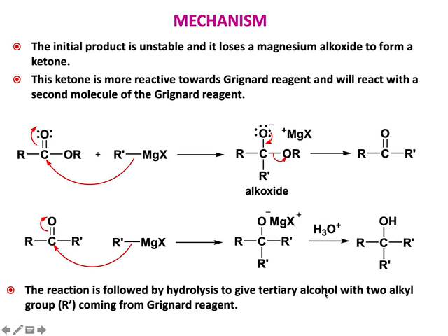In this mechanism, there are 2 attacks by RMgX. First, RMgX attacks C to become ketone. Once you get ketone, it reacts again with RMgX to form the salt, and lastly the tertiary alcohol.